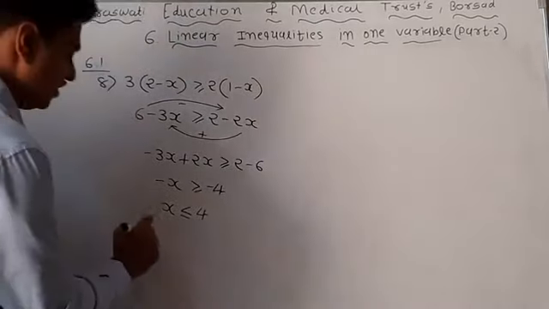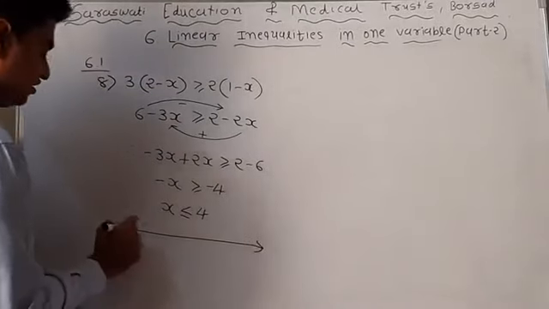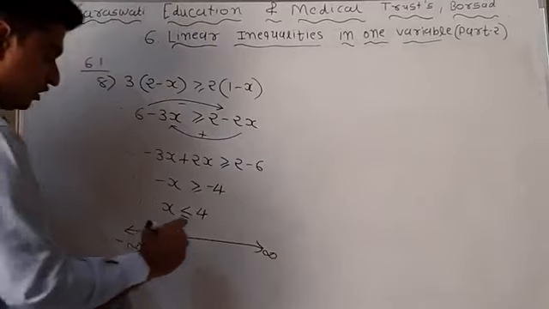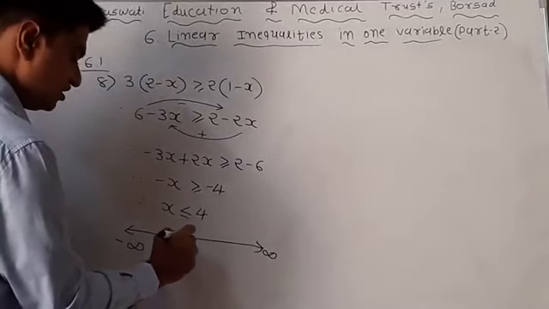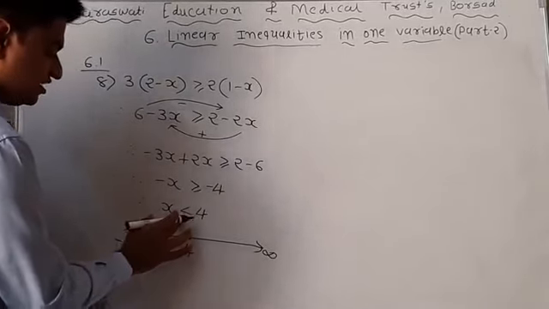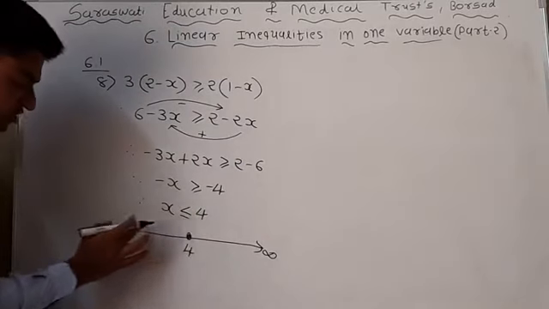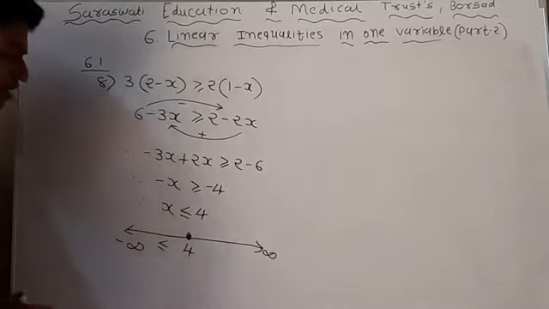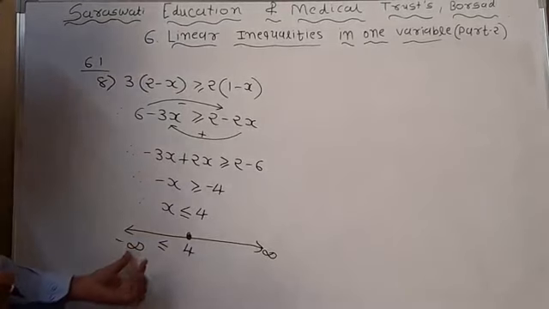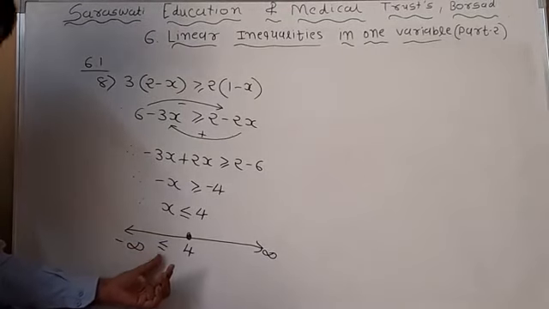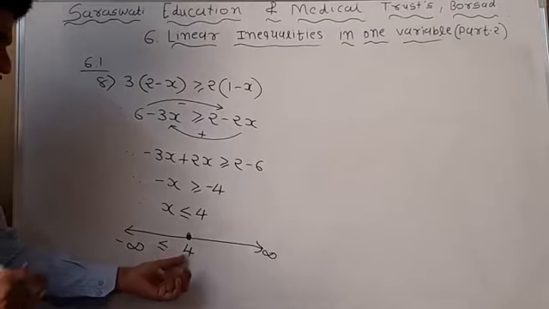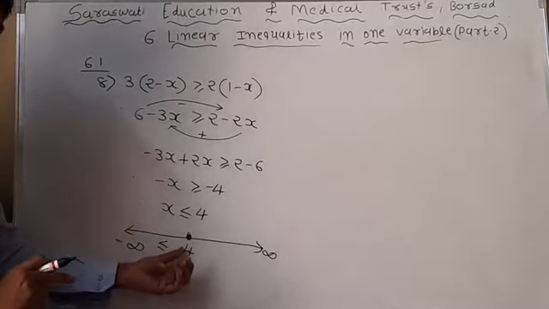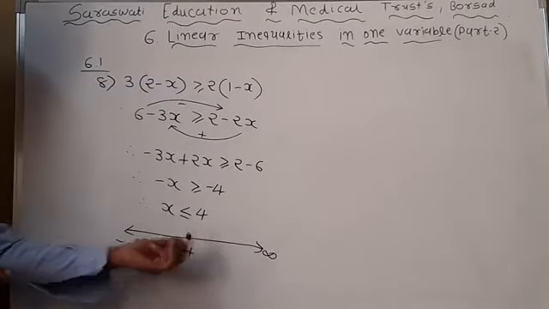Okay. Now the minus infinity to infinity form is present. 4 is present on this side. Okay. Now the less than or equal to form is present, this arrow is going to the left side. So the first position is minus infinity, but the less than or equal to form is present, so on the side of 4 we write closed interval form.